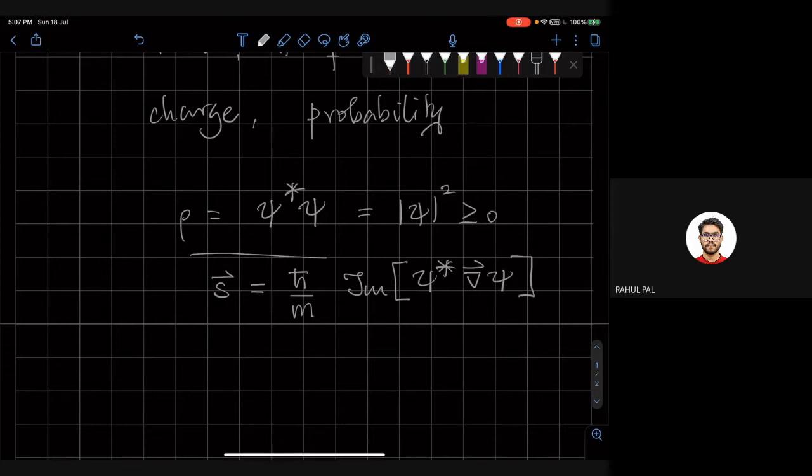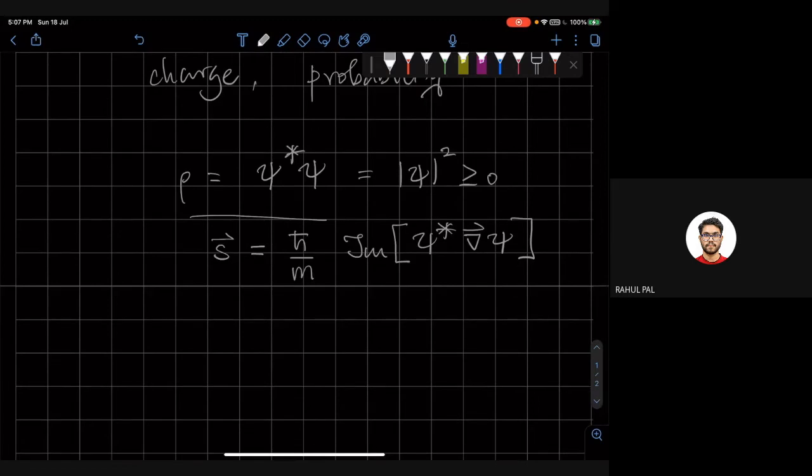And you are to assume, in general, that for the Schrodinger equation, V of x is real and in general non-zero. So don't assume that V of x is 0.